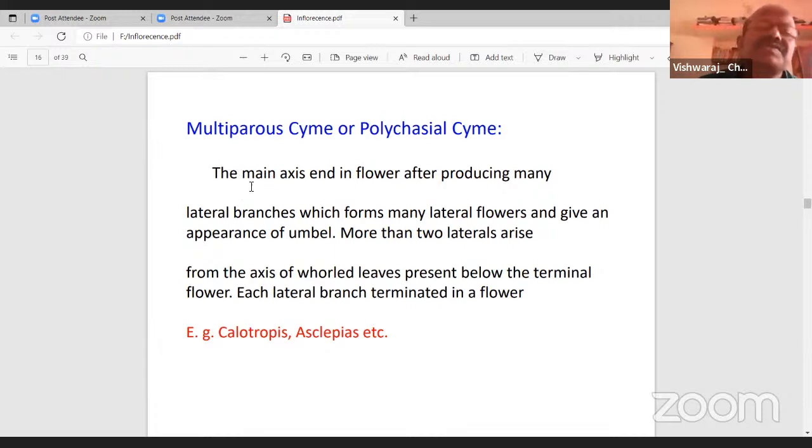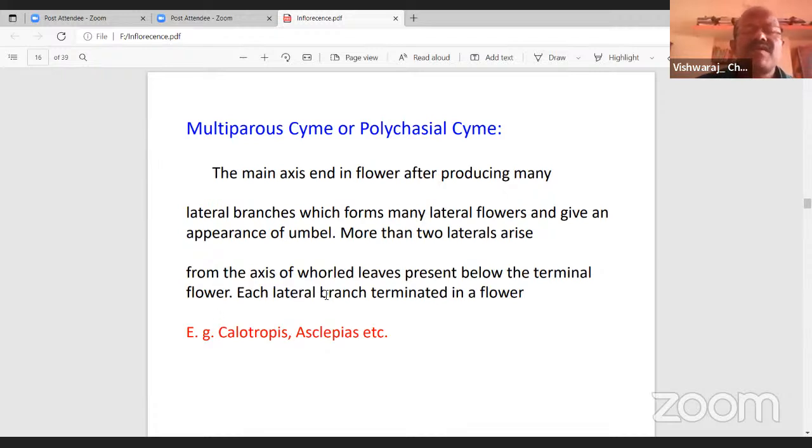In biparous, the main axis ends in a flower and produces two flowers, one on each side, called biparous or dichasial. Then multiparous or polychasial: the main axis ends in a flower after producing many lateral branches, hence called multiparous cymes.